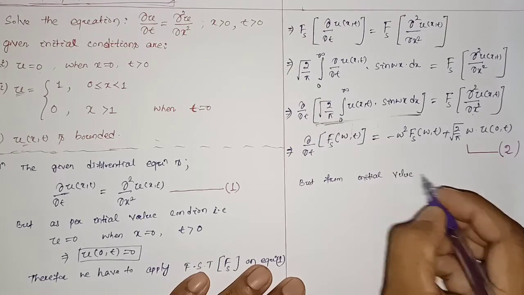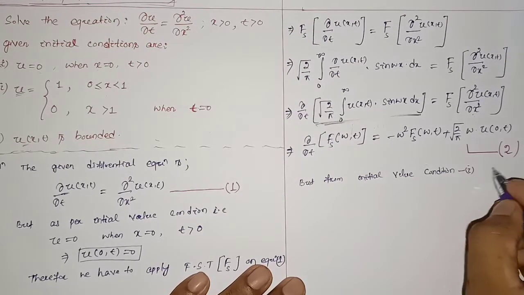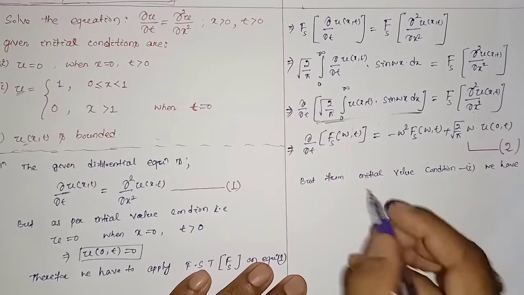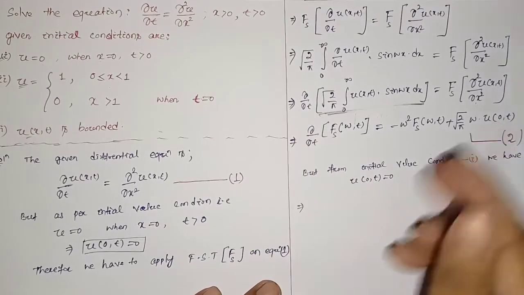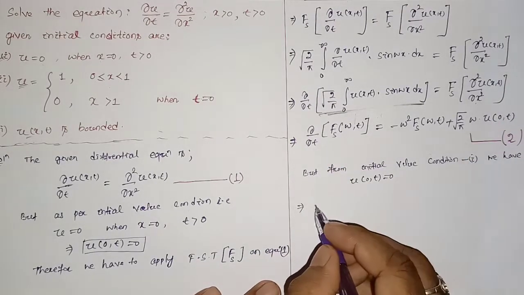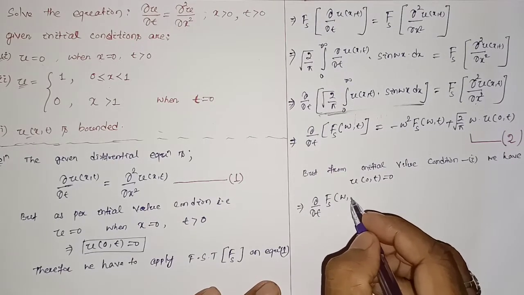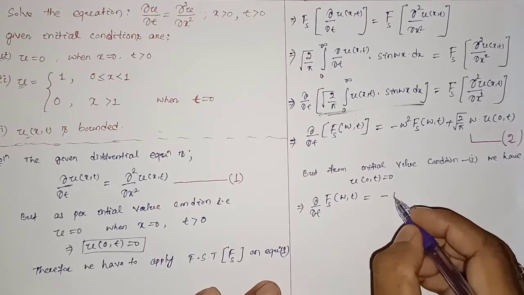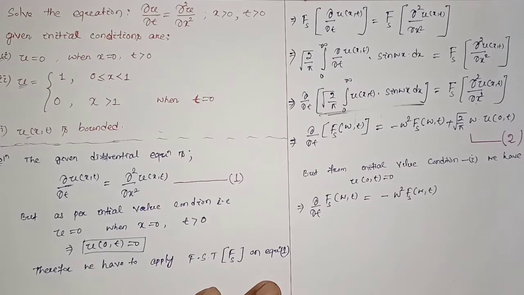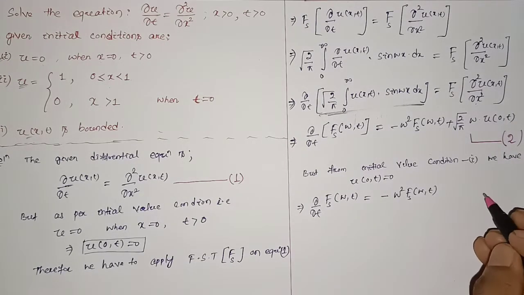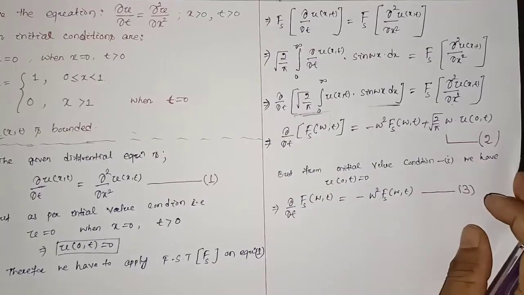So that implies equation number 2 will be del by del t of capital Fs(omega, t) will be equal to minus omega square Fs(omega, t). Let this be your equation number 3.